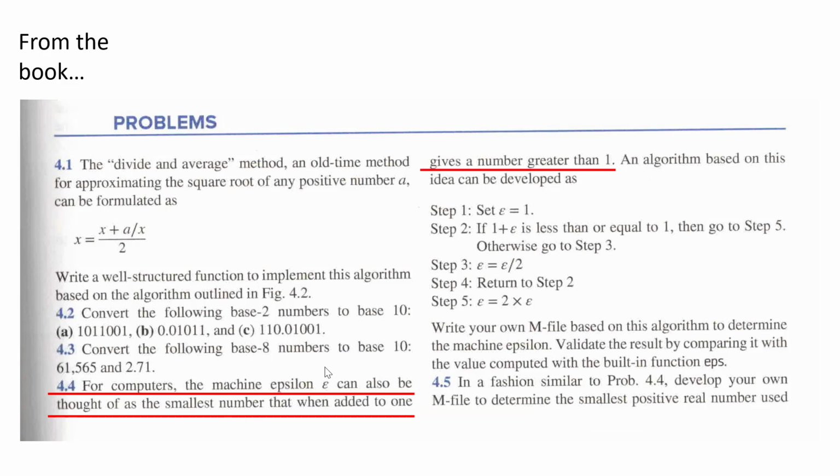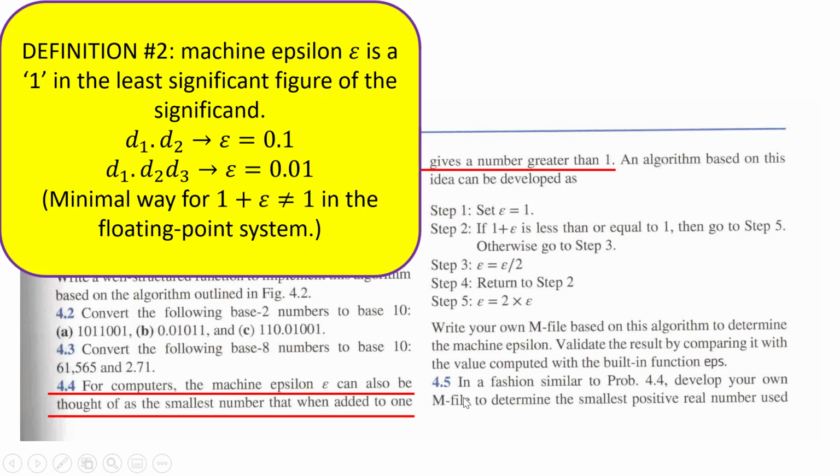A second statement in the book says the machine epsilon can also be thought of as the smallest number that when added to 1 gives a number greater than 1. That's going to lead to a different definition. The machine epsilon is the 1 in the least significant figure of the significand. That's the minimal way that you can get 1 plus epsilon not being equal to 1 in any floating point system.